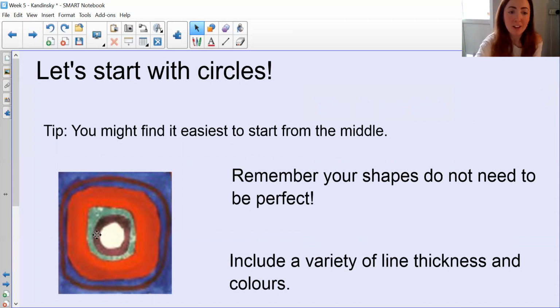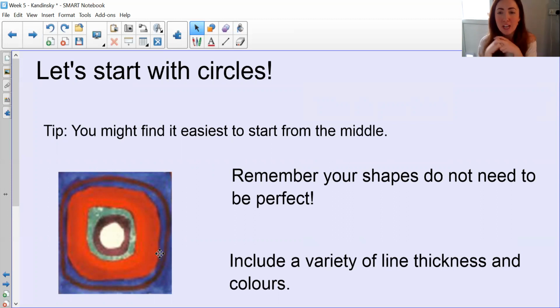So if you firstly create your circle that goes in the middle, and then another circle around it, and then the next circle around it, and then the next one, it'll make it easier to make sure that you have clear shapes and they don't start wobbling into each other. So that's just a little tip there. You don't have to do it that way, because as I said, art is all about self-expression. Do it however you like, but it might help.